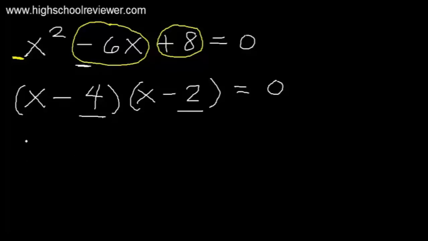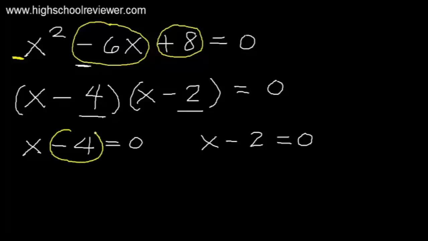So the first one will be x minus 4 equals 0, and the second one will be x minus 2 equals 0. To find the value of the first x, we will just transpose or transfer negative 4 to the other side.